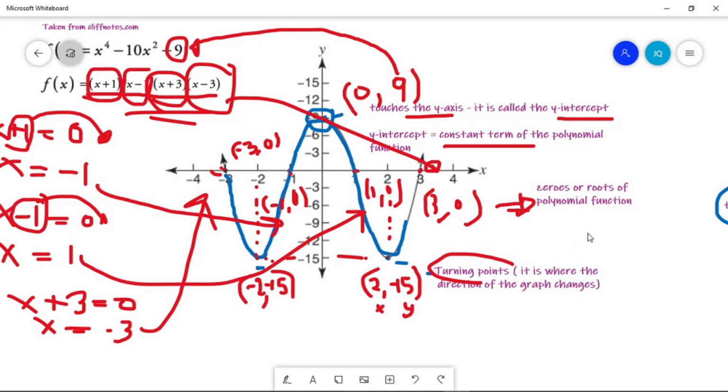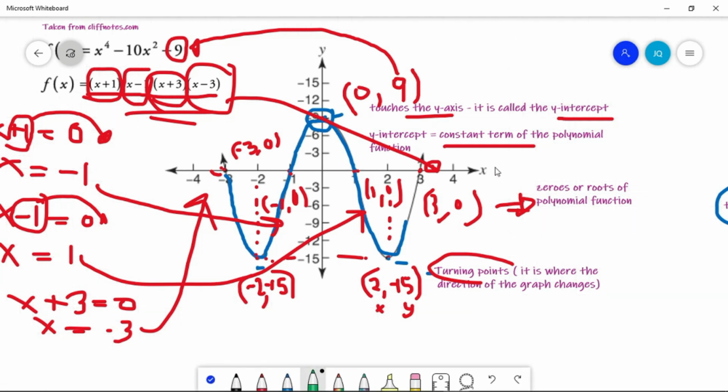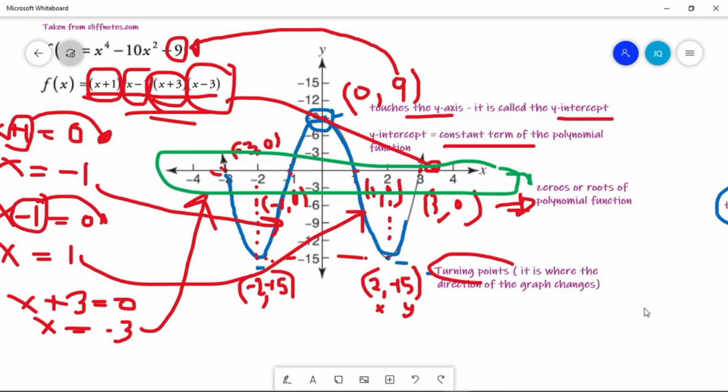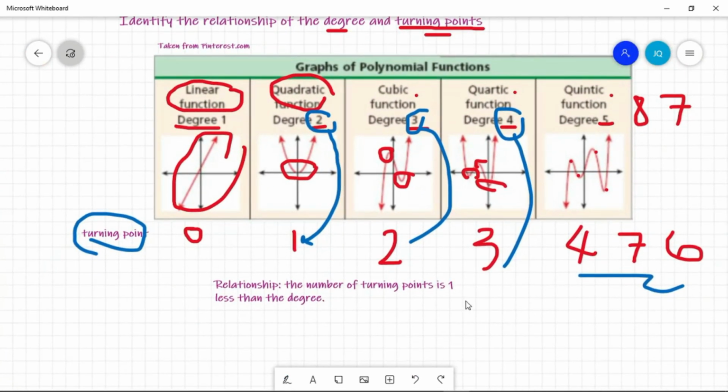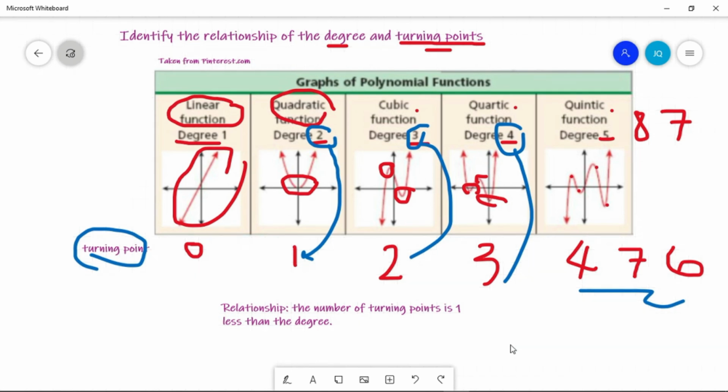And we also have the zeros or roots of polynomial functions, which can be seen from the factored form of the given polynomial function, and these zeros and roots lie on the x-axis. So these are the points where the graph crosses or touches the x-axis. So those are what we call zeros or roots. And for the relationship of the degree and turning point, the number of turning points is 1 less than the degree.